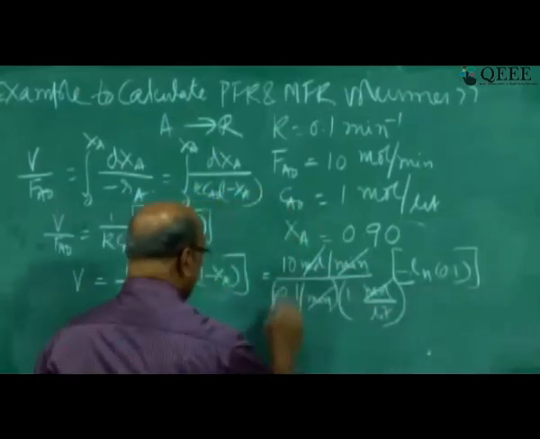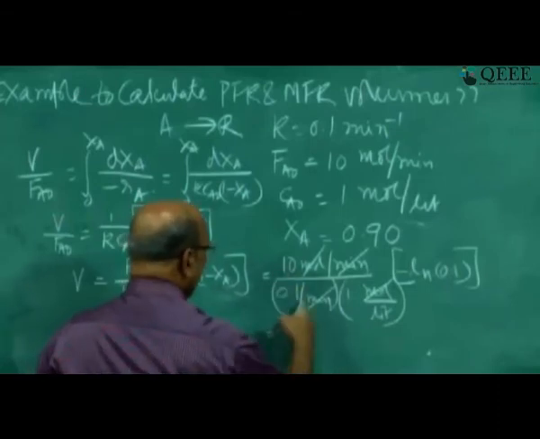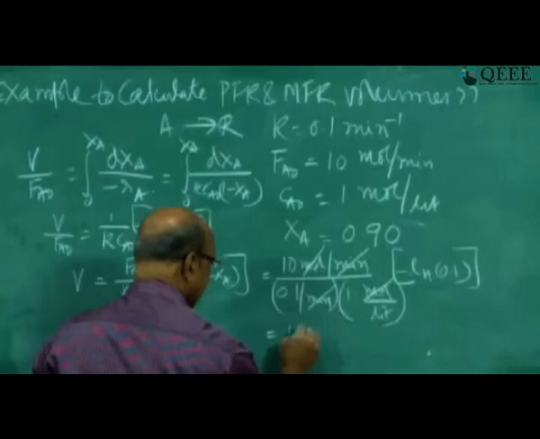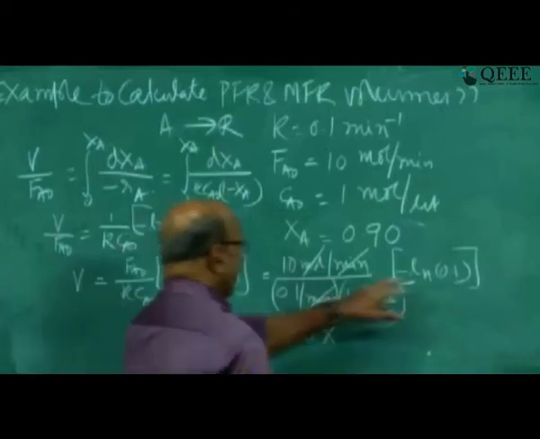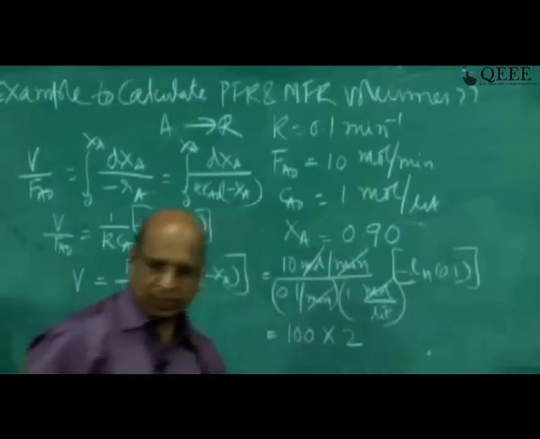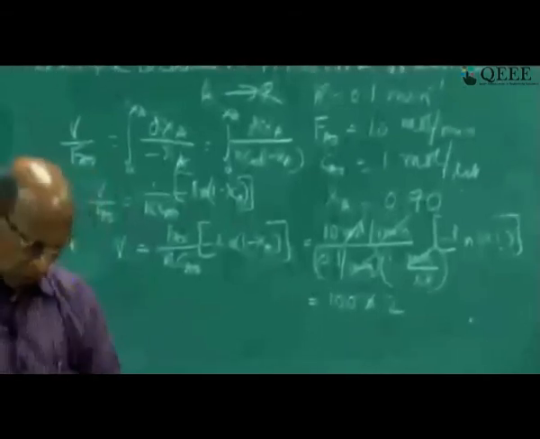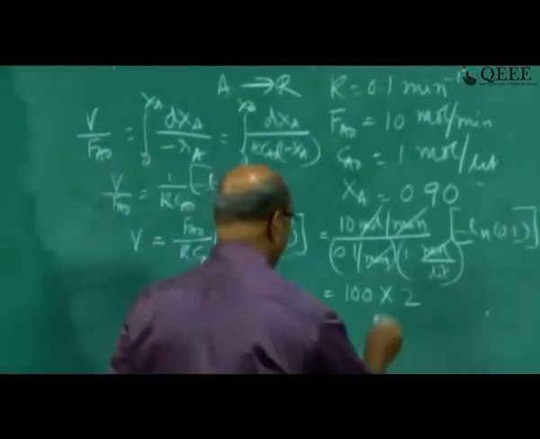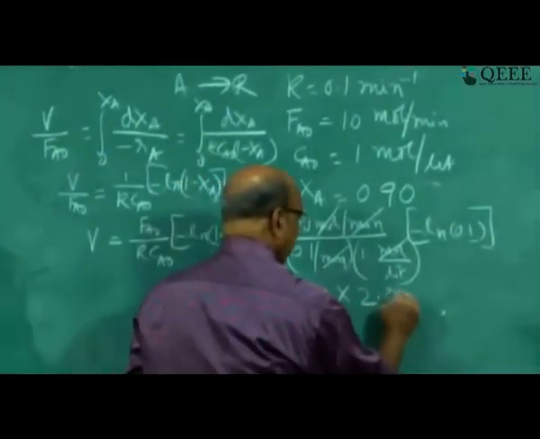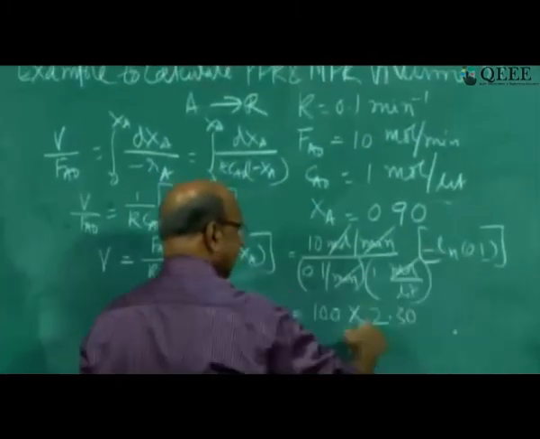So now I have 10 divided by 0.1 and divided by 1, this is 100. Multiplied by minus ln 0.1, which is nothing but 2.303 or something. I will take the approximate as 2.3, because the minus will get cancelled.